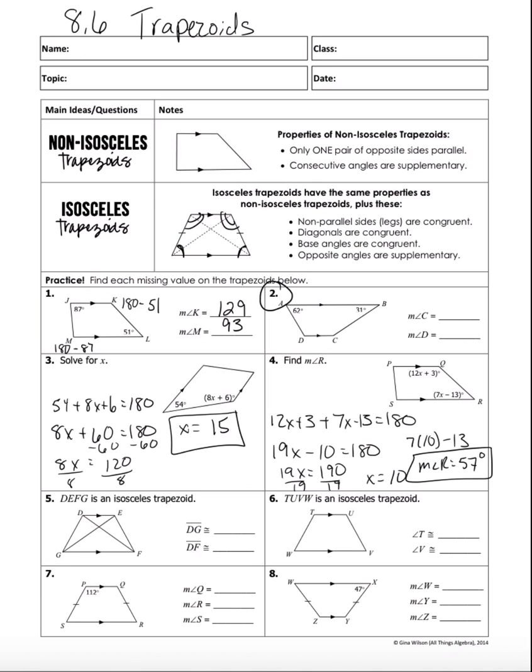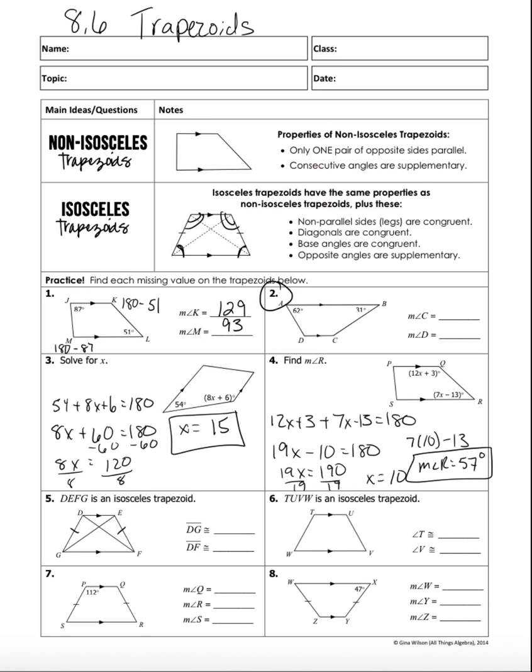Okay? All right. Now in number 5, we have something special. This is an isosceles trapezoid. That means that these sides are the same. It means that the diagonals are going to be congruent, and it means some other things. So DG is congruent to... now remember, if we have hats on things, when it asks what it's congruent to, we're asking for another segment.